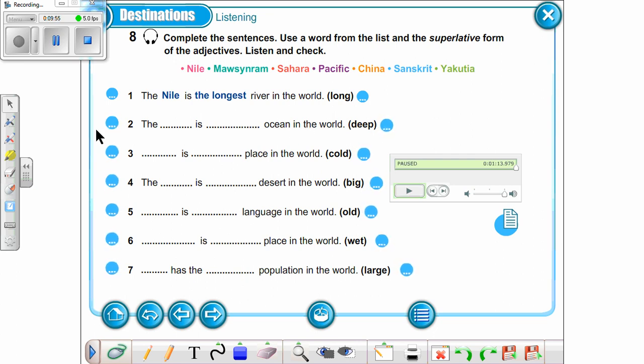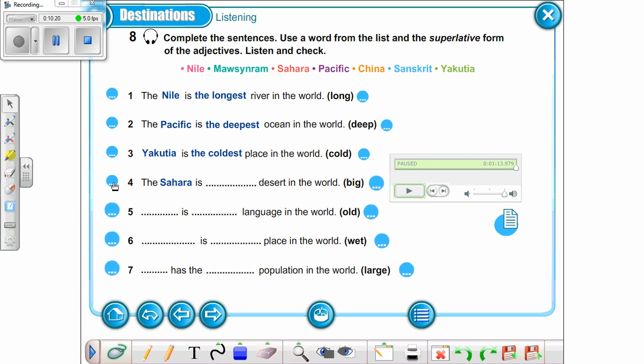The Pacific Ocean is the deepest ocean in the world. Number 3, I have Yakutia is the coldest place in the world. Okay, number 4.